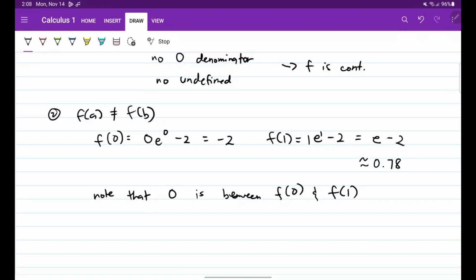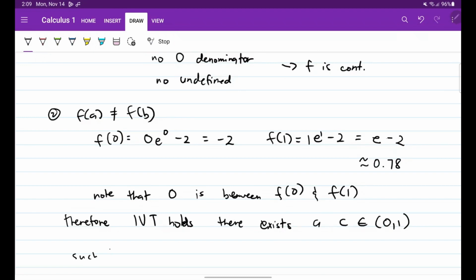So you have negative 2 to 0.7 and there's the 0 in the middle. Right? Therefore, the IVT holds and there exists a c between 0 and 1 such that f of c is equal to 0.